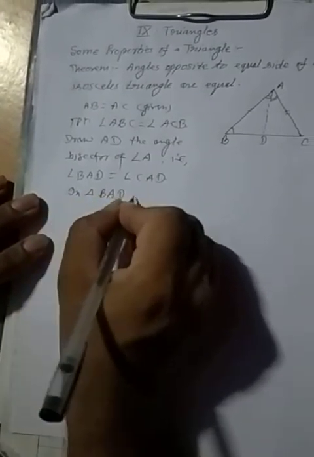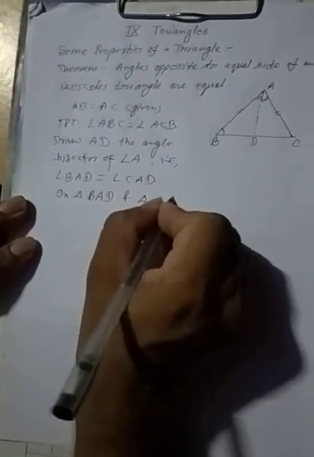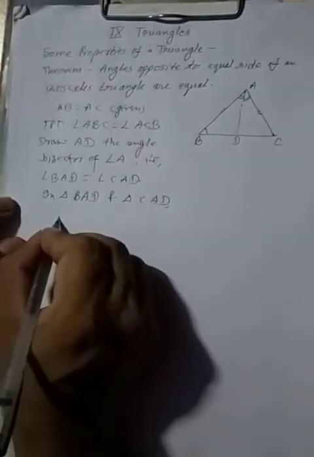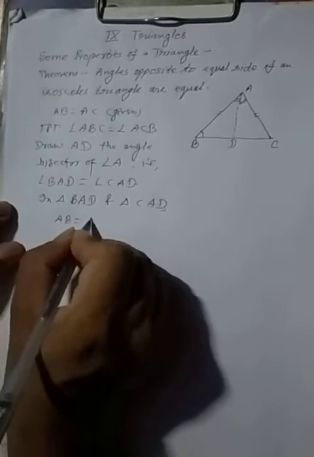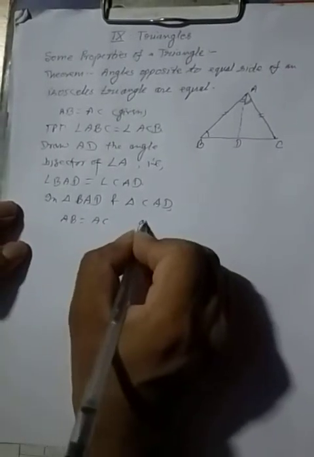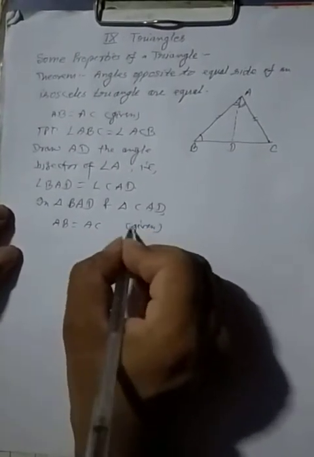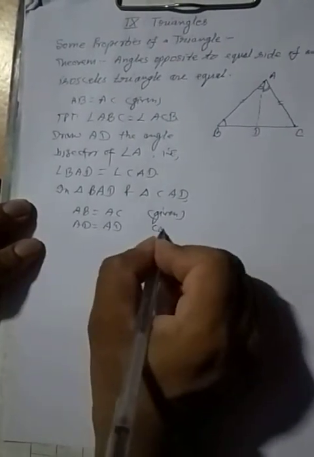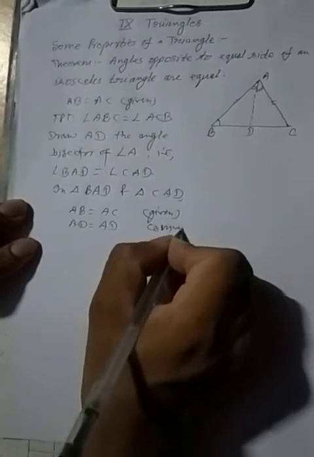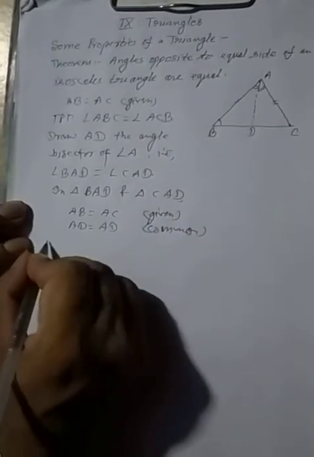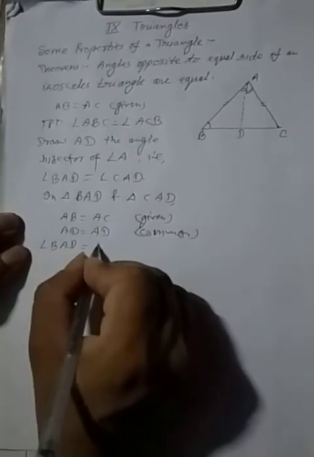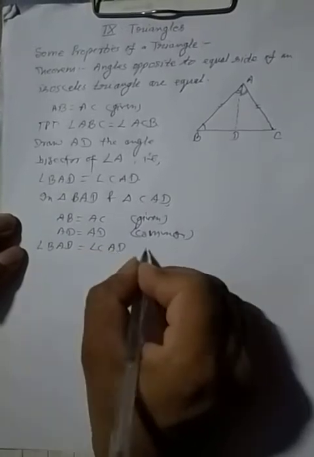BAD and triangle CAD, AB is equal to AC, it is given. AD is equal to AD, common, and the angle between these two sides, that is, angle BAD is equal to angle CAD by construction.